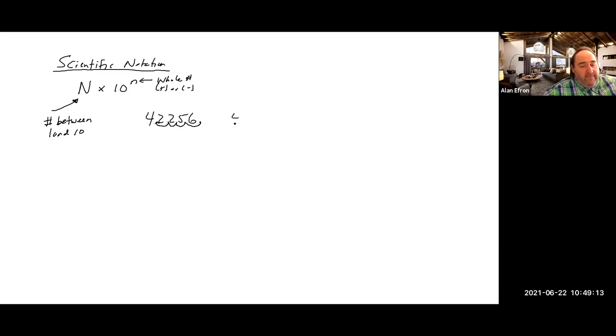And that would be 4.2256 times 10. I moved it 1, 2, 3, 4 places to the left, and that would give me 4.2256 times 10 to the 4. It is a positive exponent when you move it to the left, or another way you can remember it is big number, positive exponent.